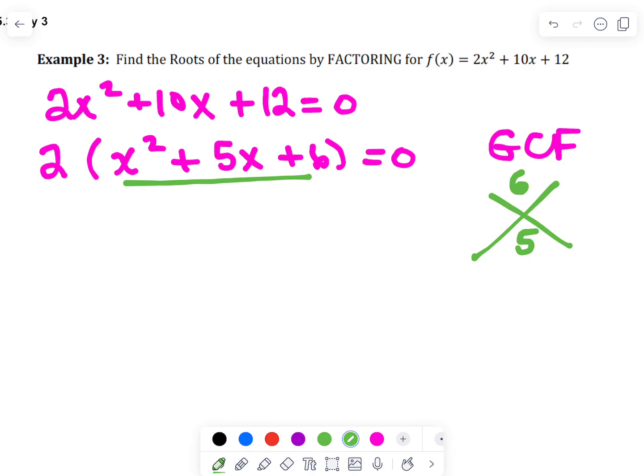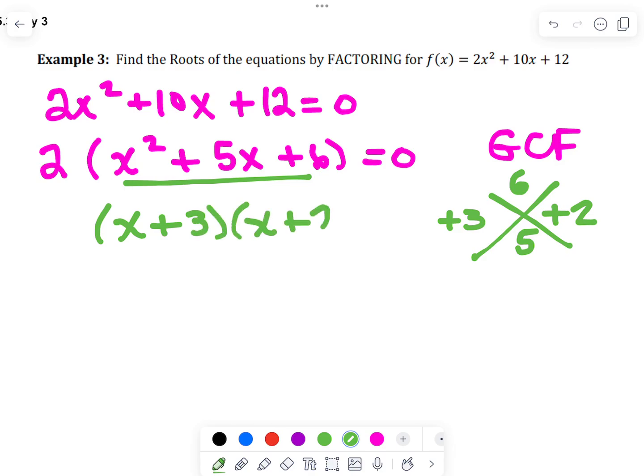So the factors of 6 are positive 3 and positive 2. 3 times 2 is 6. When I add them, I get 5. So now my parentheses are going to be the sides of the diamond with that x. Don't forget the 2 out in front.